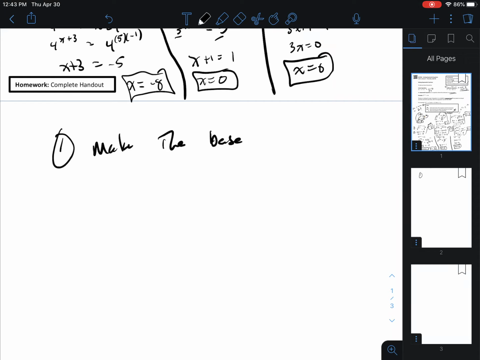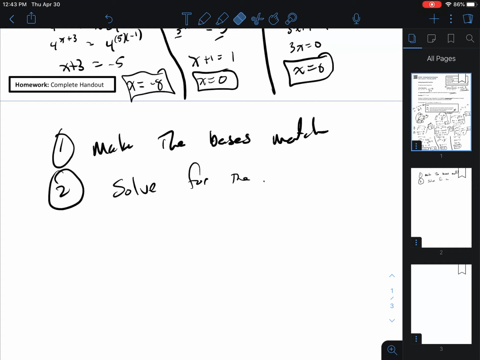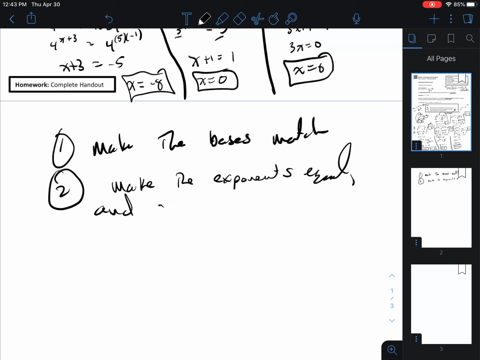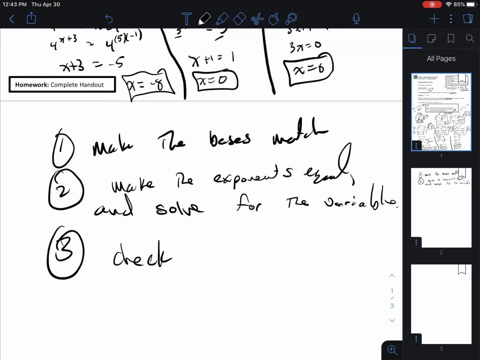So, first step: make the bases match. Second, make the exponents equal and solve for the variable.